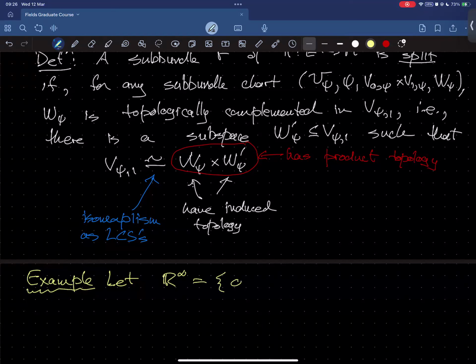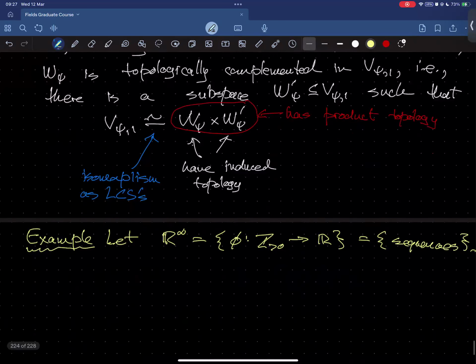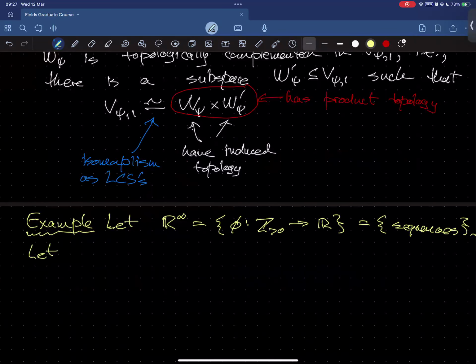So this is the set of mappings, let's say phi, from the set of positive integers into R. And this is, of course, just the space of sequences. I'm going to take two subspaces of this thing. Let L infinity be the bounded sequences.